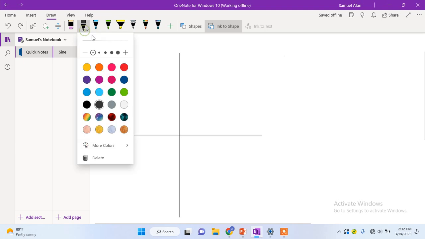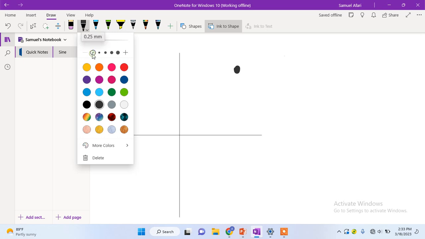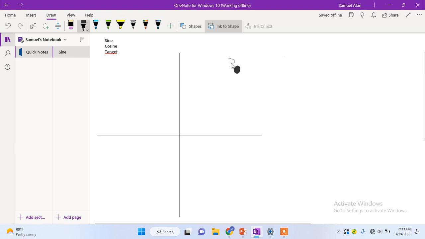Let's make the point a big one. This point is represented by the coordinates x and y. A straight line drawn from the origin through the point will be represented by our r, which is the radius.